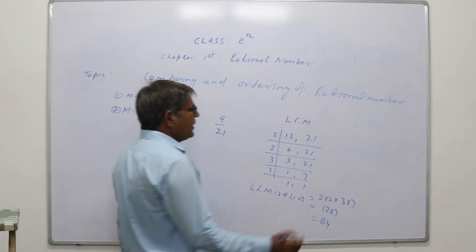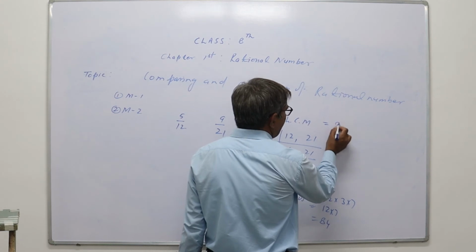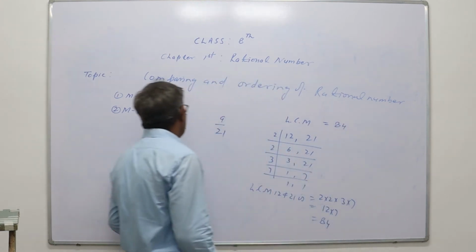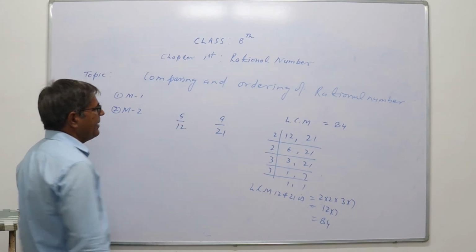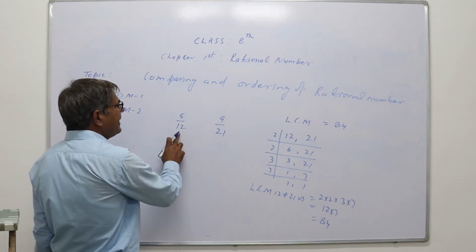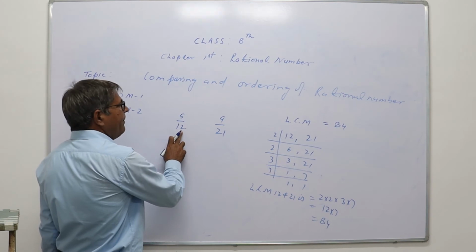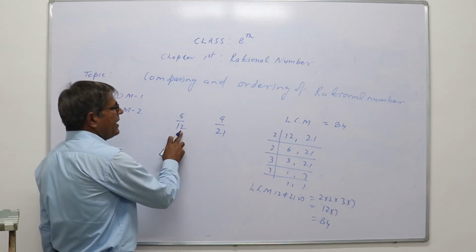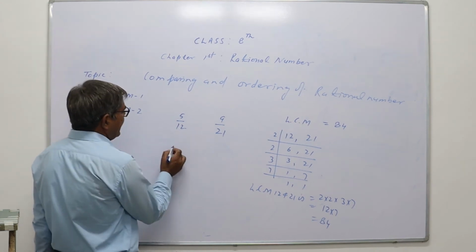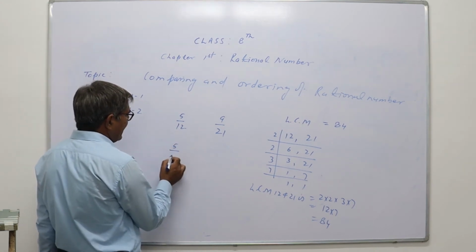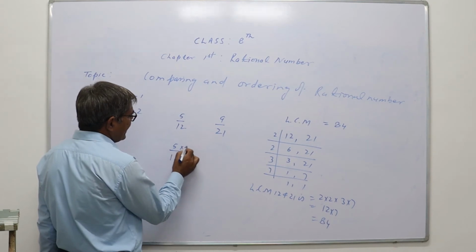Now your LCM is equal to 84. To make the denominators of both the given rational numbers the same, first we will divide the LCM by 12. So 84 divided by 12 is 7. We will multiply the numerator and denominator by the same number, that is 7.